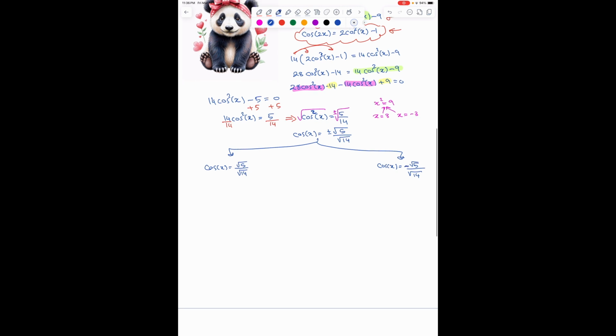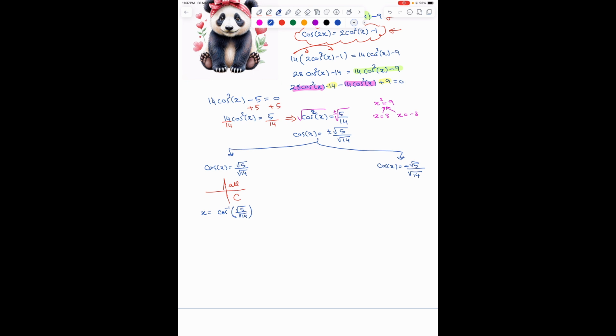Now in the first case, if we have cosine x equal to positive square root of 5 over 14, remember that cosine is positive in the first quadrant and the fourth quadrant, which means we can use the inverse cosine function. So x equals the inverse cosine of square root of 5 over square root of 14, which happens to be in the first quadrant.